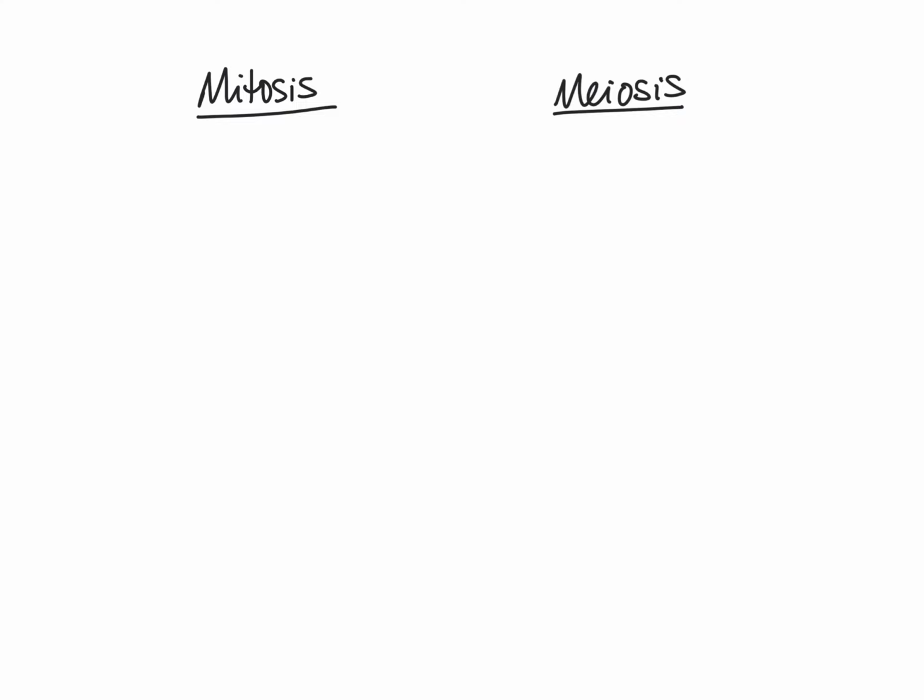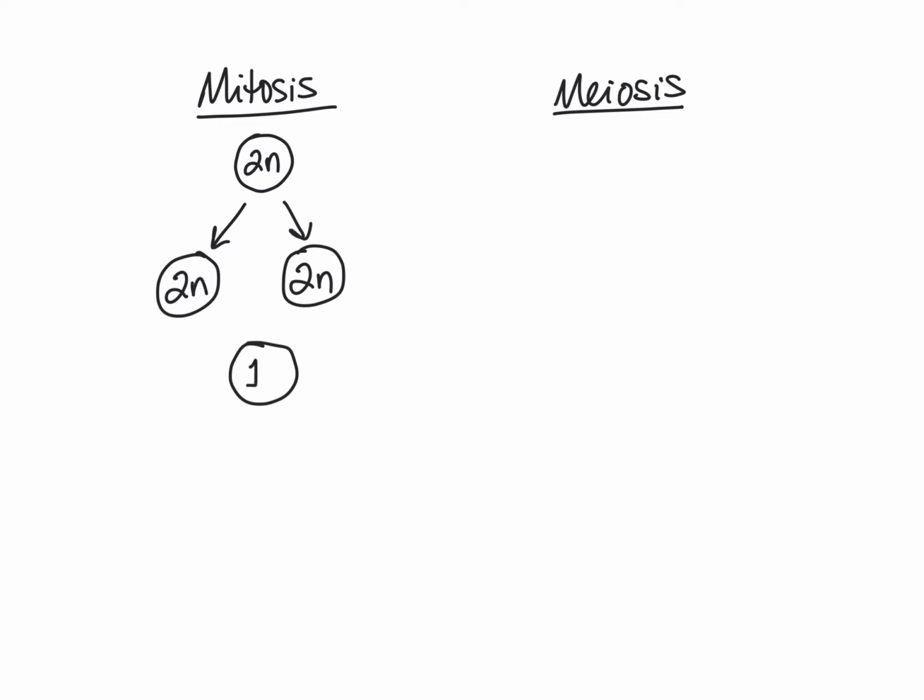So as we mentioned on the previous slide with mitosis, if the parent cell is diploid, the daughter cells will also be diploid. If the parent cell is haploid, the daughter cells will also be haploid.